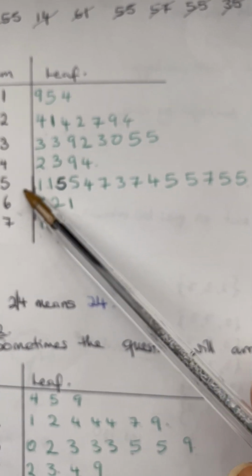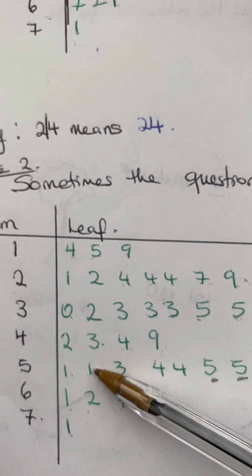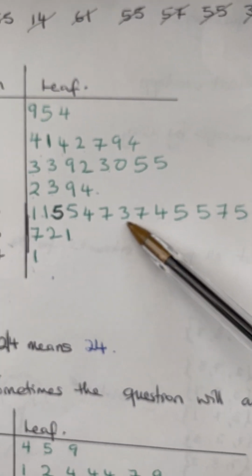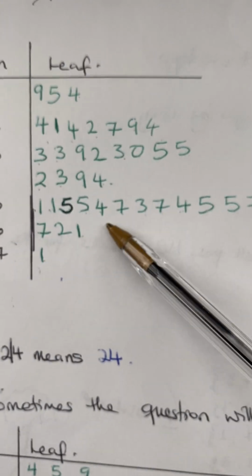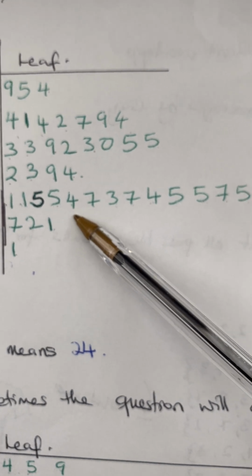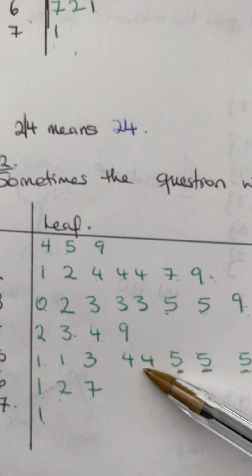In the 50th column, I don't have 50, but I have 51 twice. Then I have 53 once. Now I have 54 twice.